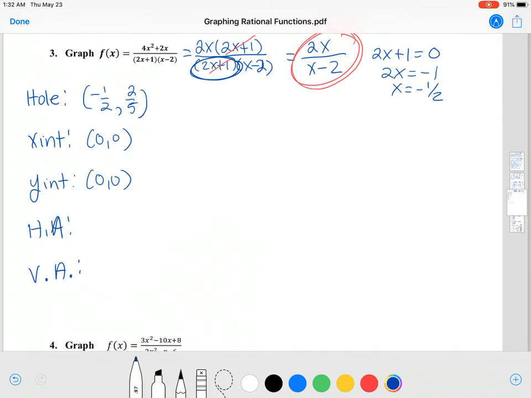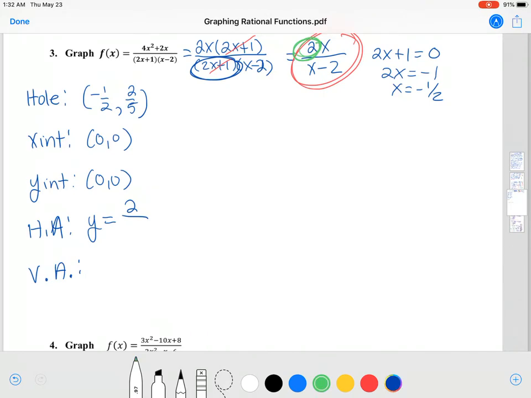For the horizontal asymptote, we're going to look at the rules. The rules say that if the degree of the top and the degree of the bottom are the same, we're going to find the leading coefficients of the top and the bottom and divide them. The leading coefficient of the top is 2.